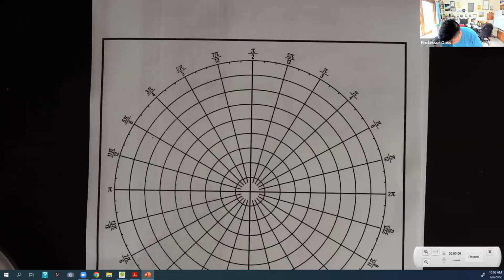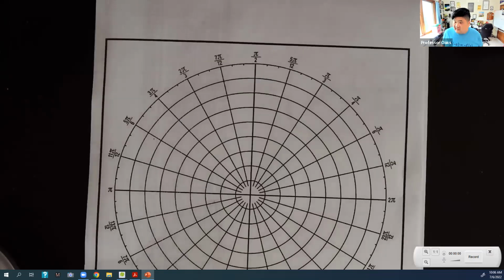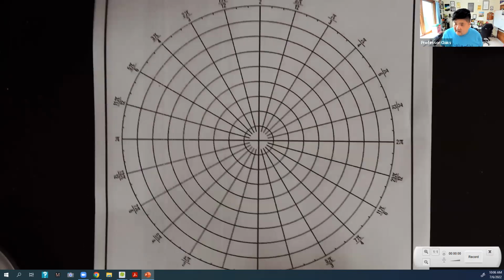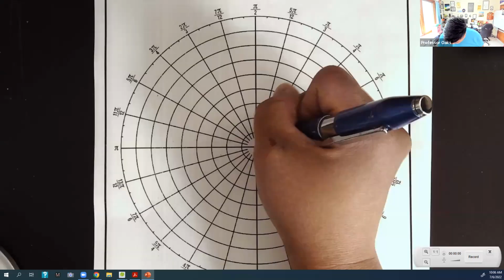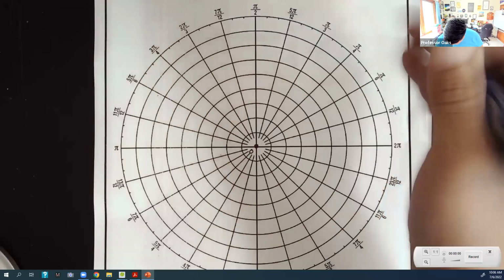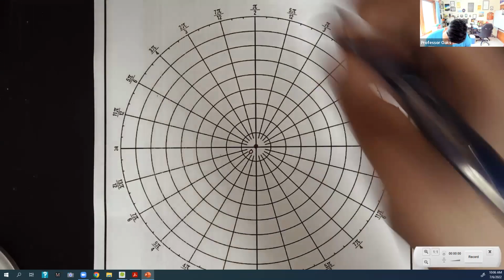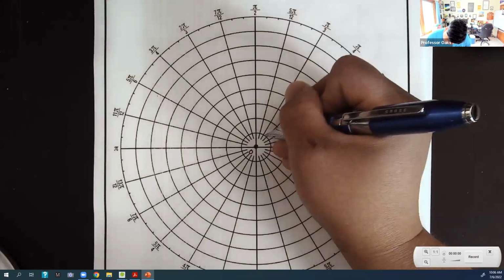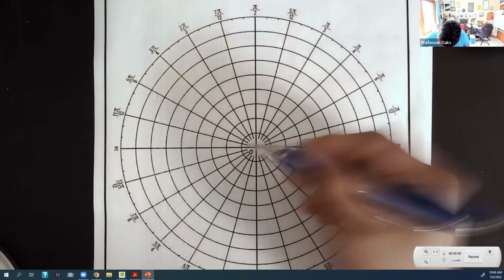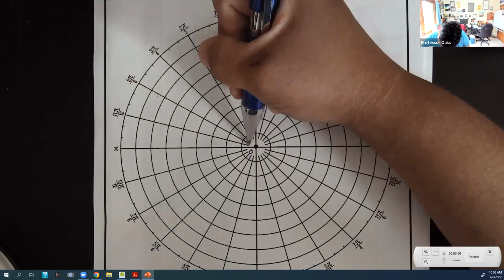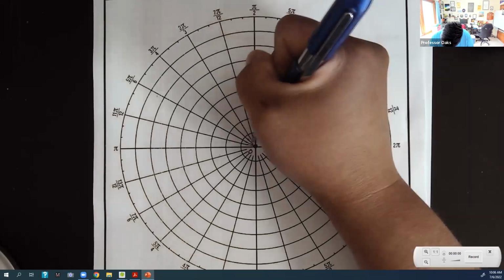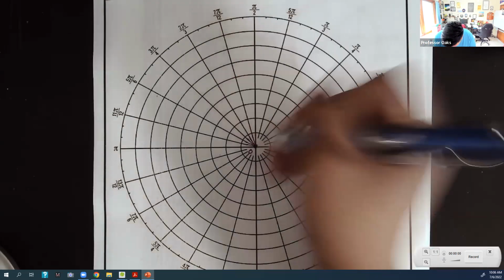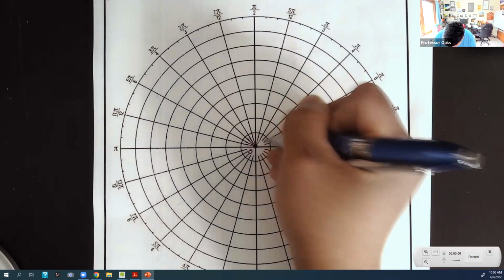I will say that this one is a little bit odd in the sense that here's the pole, 0, and if you see these rings along here, these should all go into the center, but I know why they don't. It's just because it makes it really hard to see if they do, so they just don't do it.